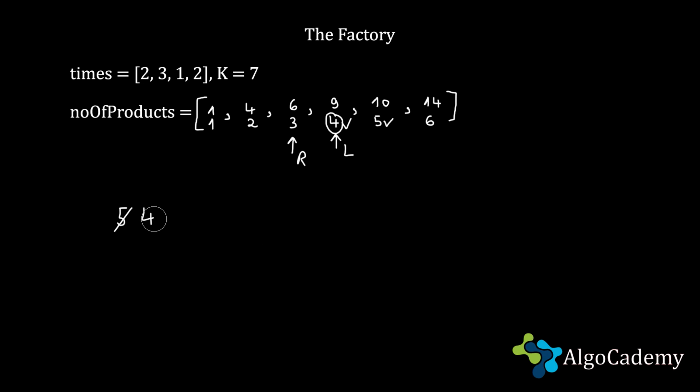Actually, before seeing the code, let me illustrate another, more general case, just to make sure that you've understood. So let's say we have the number of products and we have all its values. I won't write the values, but let's say we have the number of products of 1, of 2, of 3, of 4, of 5, of 6, and you got the idea, 7, 8, 9, 10.